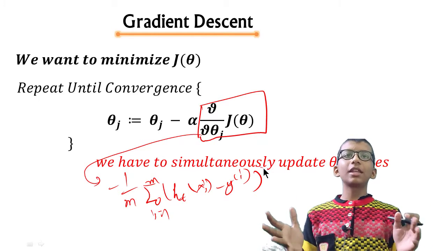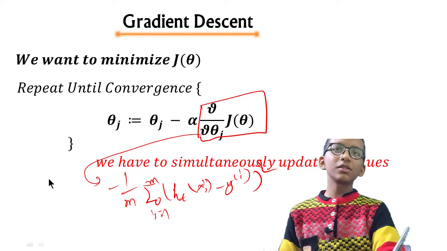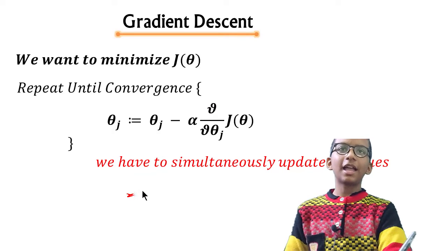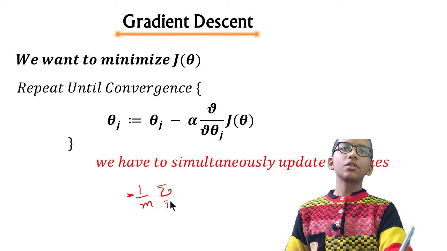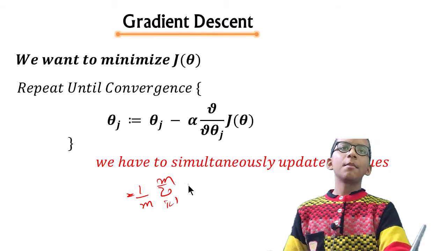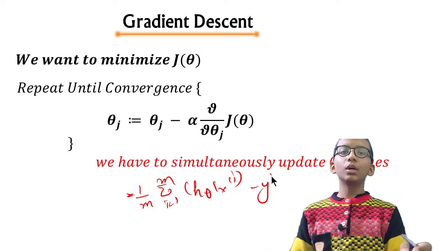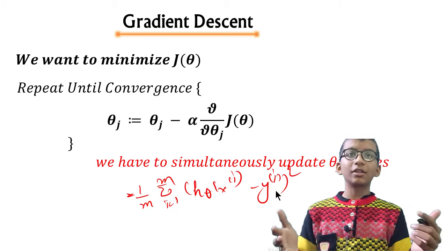Just the same thing, but the writing is not good, so let me write it again. The notes will be in a beautiful format, so be sure to check it out. So we have minus 1 by m, the sum from i equals 1 to m of h of x_i minus y_i, squared. And here we have the mean of the squares of the difference between the predicted and the actual value.